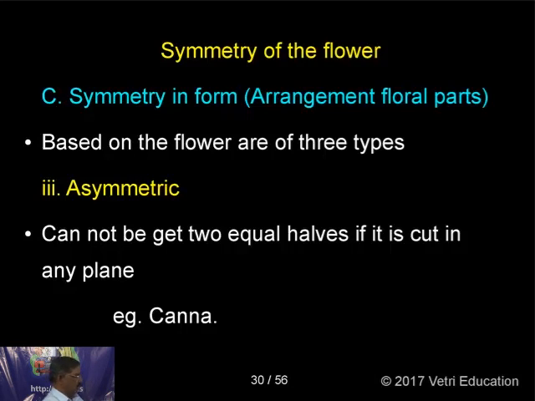Example, canna. Here the speciality is that some petals and sepals are modified in different ways. If you cut one way, the important part will go to another side, and if you cut like this, another special part will go to another side, so we cannot get two equal halves.